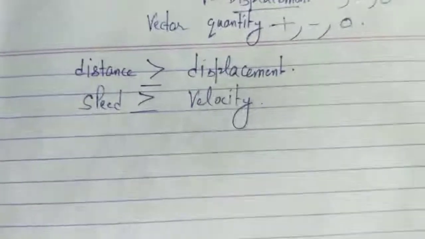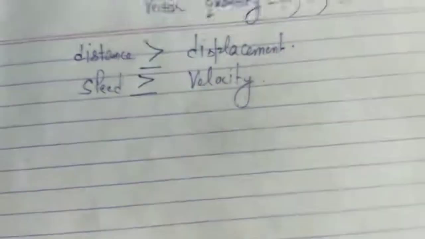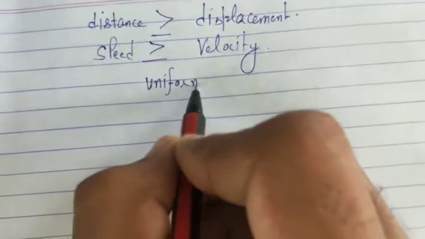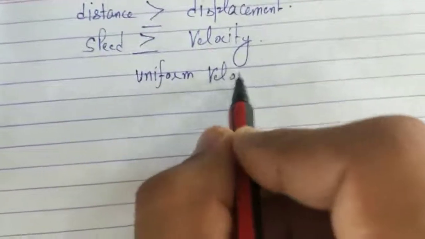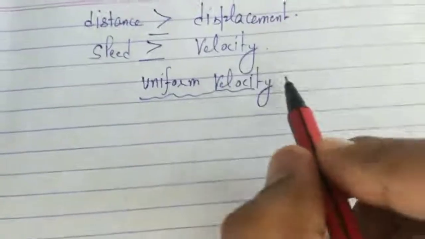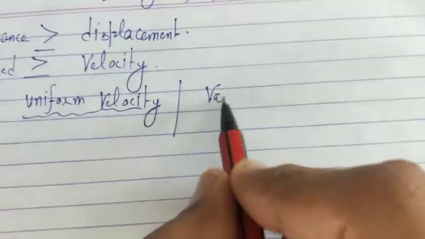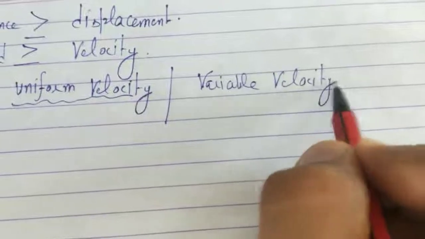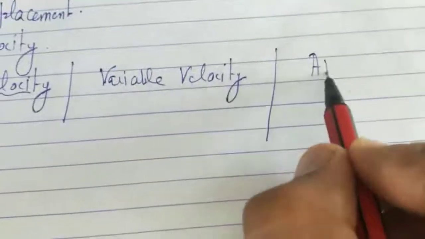And velocity is also of three types. Uniform velocity, you can make a definition by yourself: equal displacement in equal intervals of time. Variable velocity. And third, average velocity.